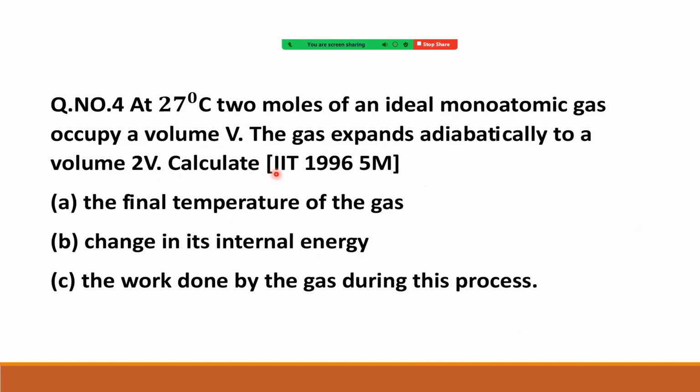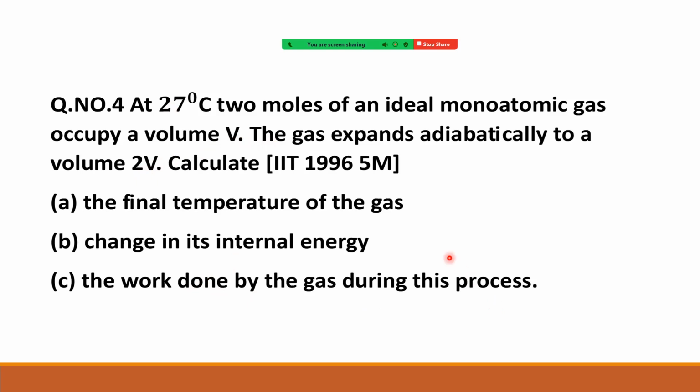So it is given ideal monatomic gas, initial volume V, final volume 2V. So volume is doubled. Given initial temperature, so we have to calculate now final temperature, change in internal energy, work done by the gas during this process.